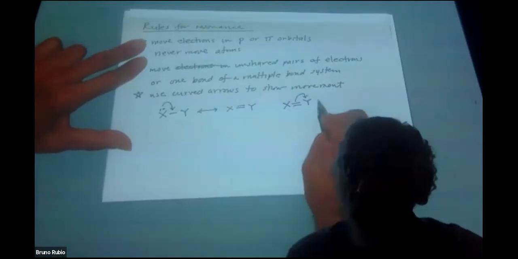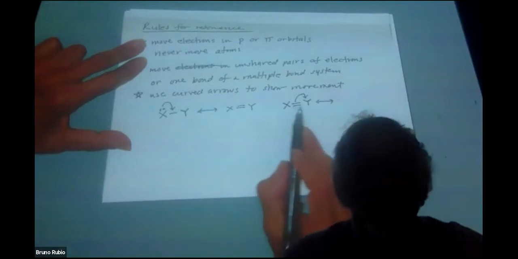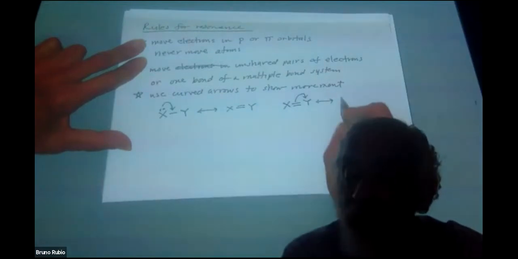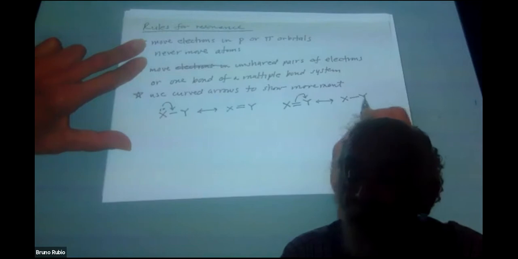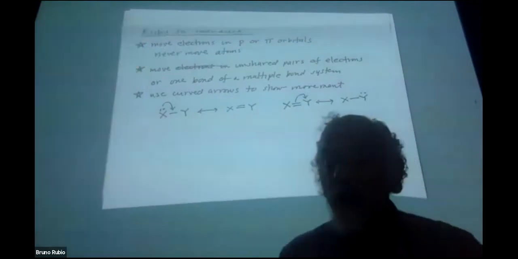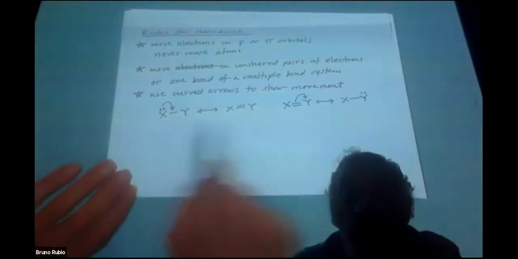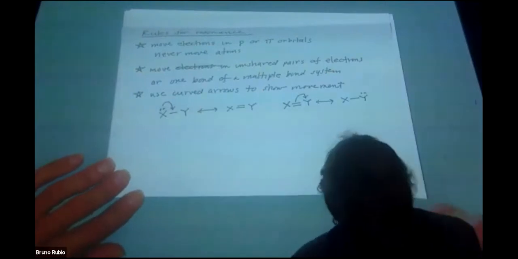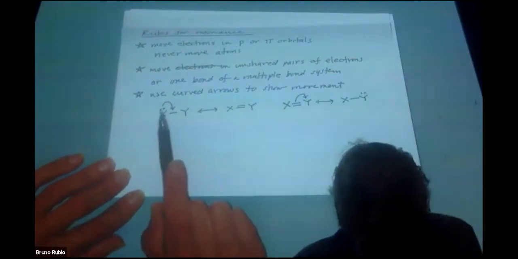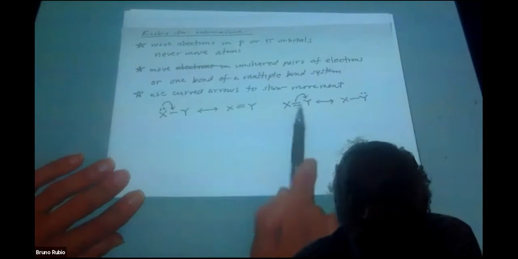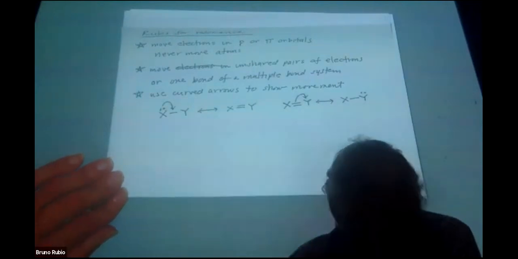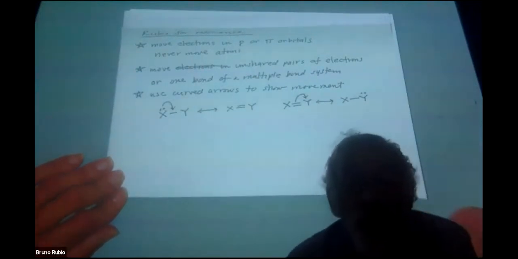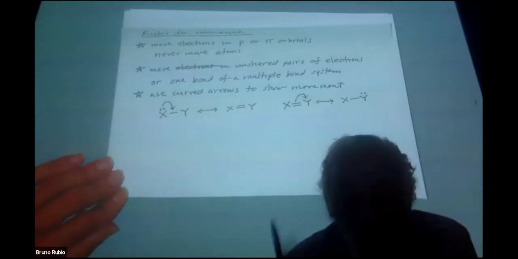This resonance structure is saying that the electron pair used to live in the space between X and Y, but now I have given that electron pair to Y. So see how these two resonance structures are sort of like the reverse of each other. Unshared pair becomes covalent bond becomes unshared pair. This is what you're doing when you're writing resonance structures. You're moving unshared pairs, and you're moving one bond of a multiple bond system.